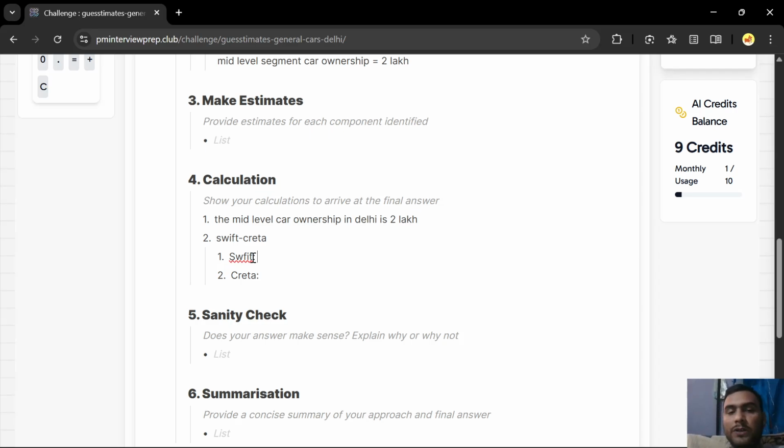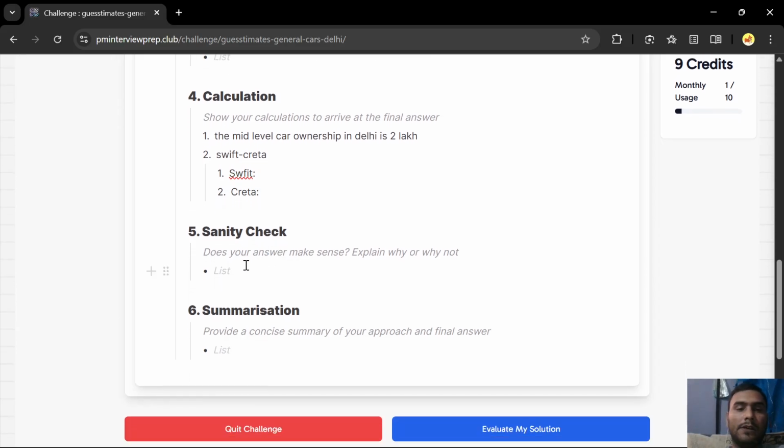Now, I am assuming that Swift is less popular than Creta. Although reality could be different, Swift might be more popular than Creta. But here I'm taking that Creta is more popular than Swift.